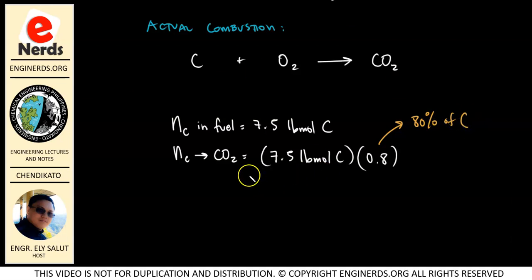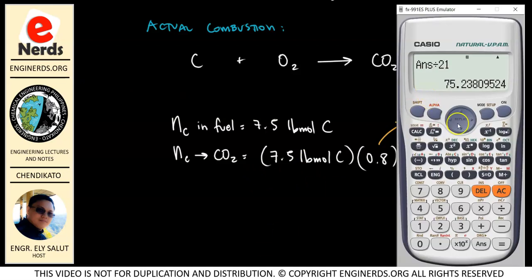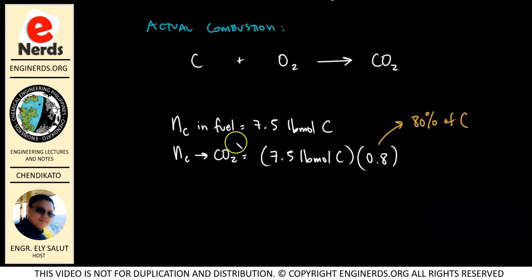So, in order to know its value, calculate natin 7.5 times 0.8. We have 6 pound mole of carbon. So, ito lang yung number of moles ng carbon na na-convert to CO2.